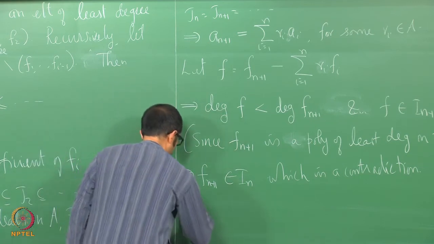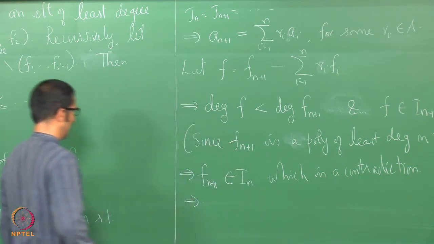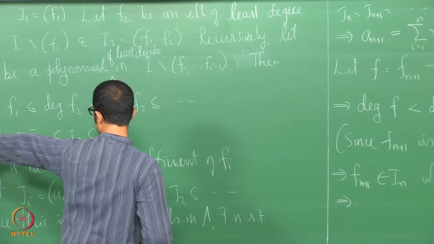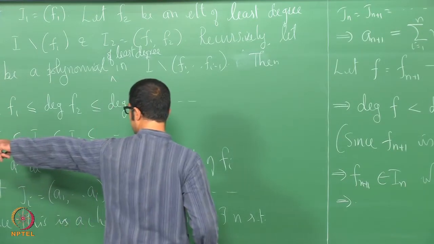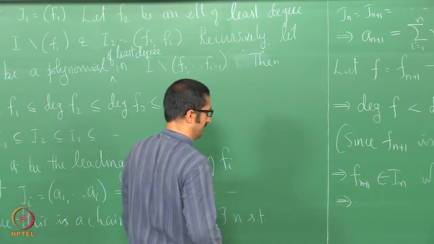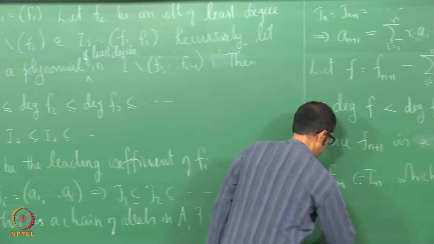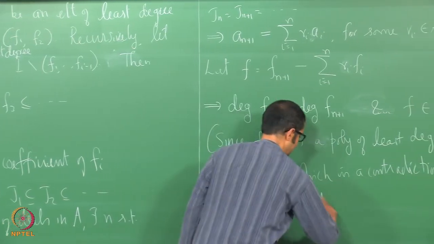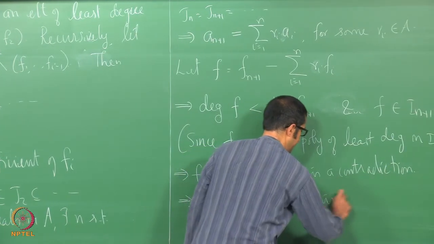So what does that contradiction say? That our assumption that the ideal I is not finitely generated is wrong, which means I is finitely generated, and that implies A[x] is Noetherian.